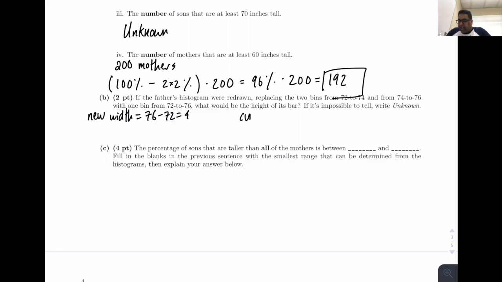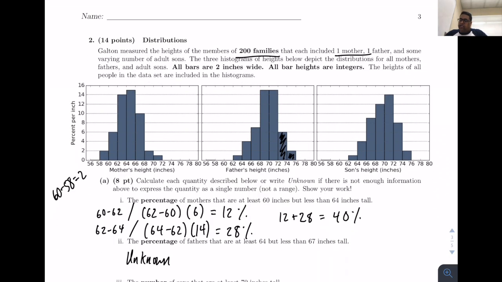So first we want to find our current area, because we need the area of these two bars. The sum of those two areas must be equal to the area of the 72 to 76 bar. Because again, histograms are based off proportion, so the sum of these two areas will tell you the proportion of values that are between 72 and 76 inches, and that must hold true even if we have one unified bin.